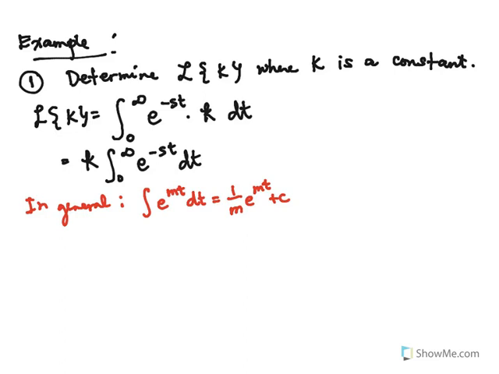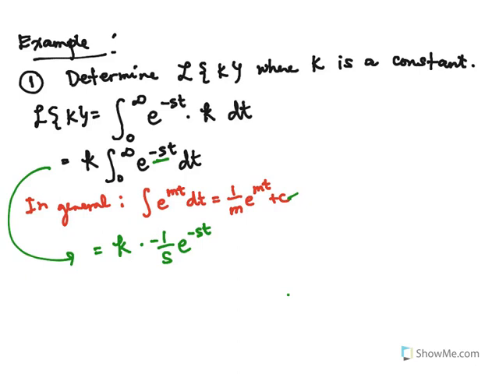So it follows that here, since s is considered as a constant and we are integrating with respect to t, we can write the integral as k times negative 1 over s e to the negative st, following this particular generalization.